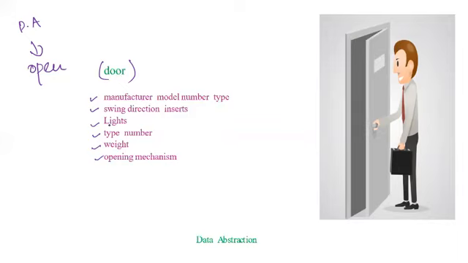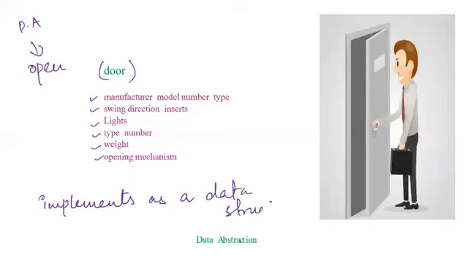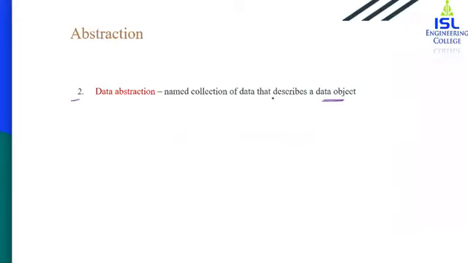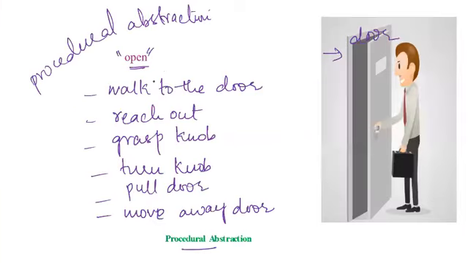Data abstraction implements as a data structure. Coming to the definition, it is a named collection of data that is going to describe your data object. What is your data object?